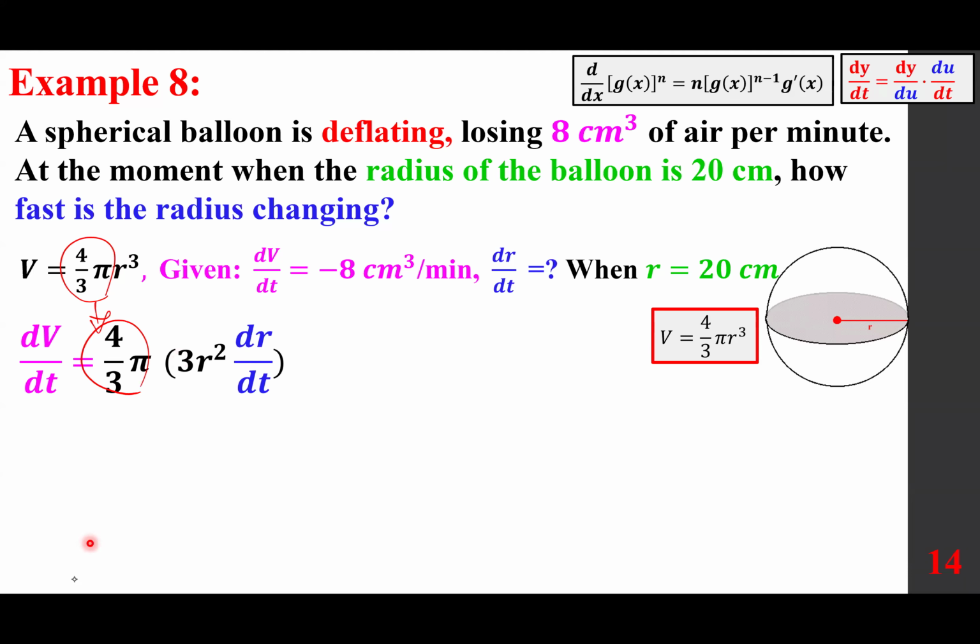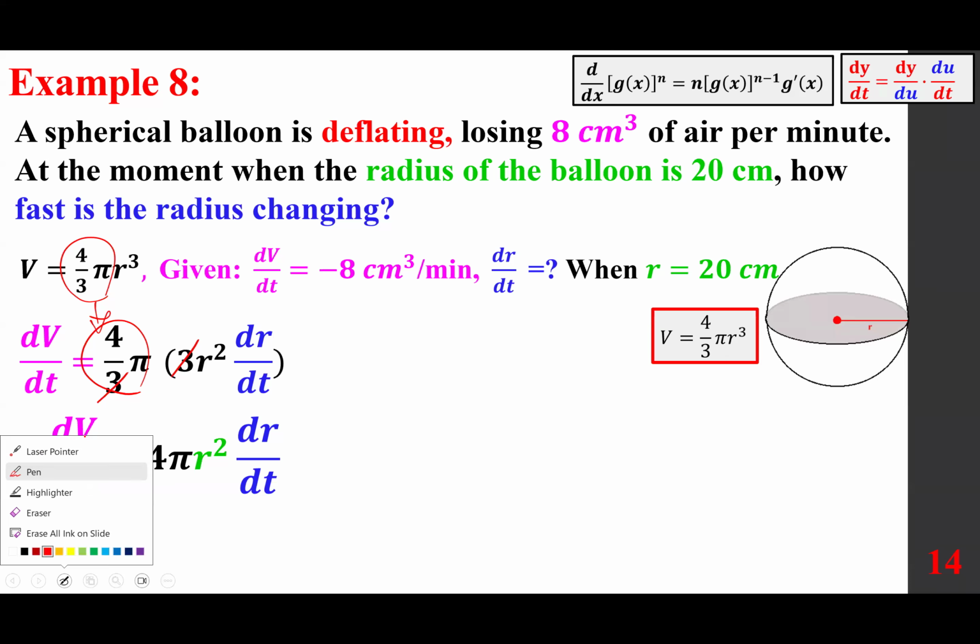And it simplifies to 4 pi r squared dr/dt. We can solve for dr/dt, or we just plug in, meaning dV/dt will be replaced with negative 8 and r with 20.